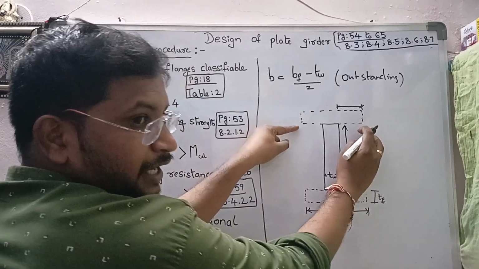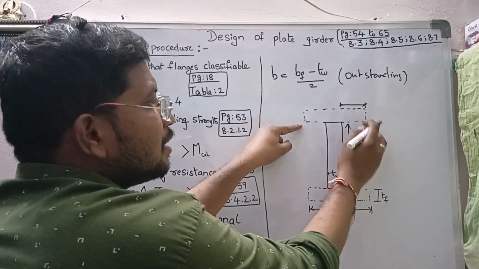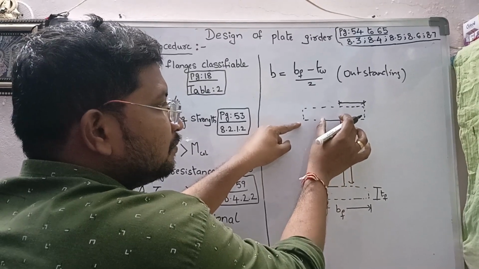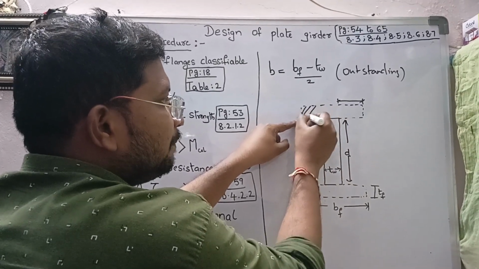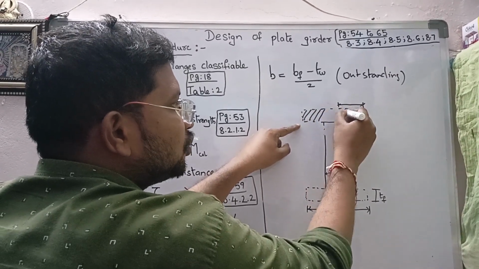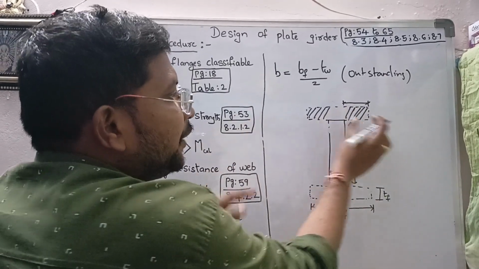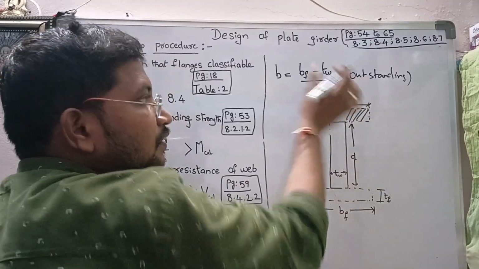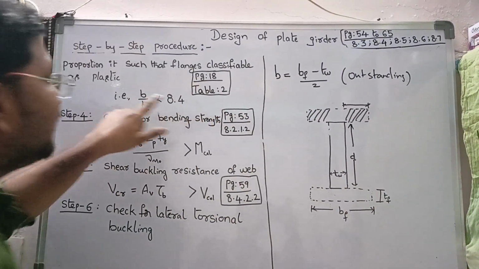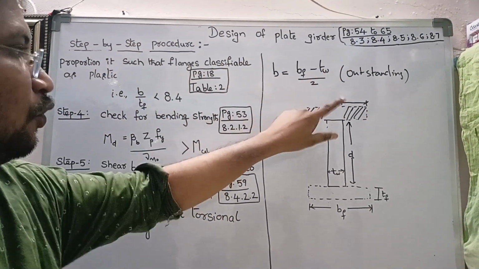This is total BF minus thickness of the web, means we can get this portion. BF minus tw means this portion, by 2 will give this portion. Okay, now b can be taken as BF minus tw by 2.